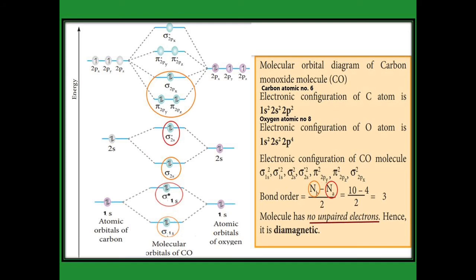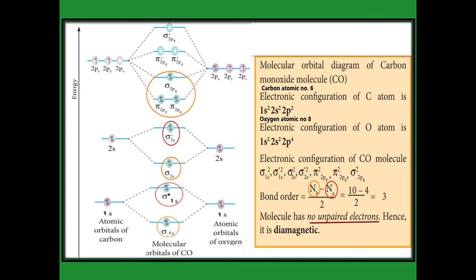Now the 1s orbitals combine with each other to give sigma 1s and sigma star 1s, and the electrons are filled in these two orbitals. Afterward, 2s of carbon and 2s of oxygen combine to form the molecular orbitals sigma 2s and sigma star 2s, and these two orbitals are filled with the electrons of the 2s orbitals of carbon and oxygen.